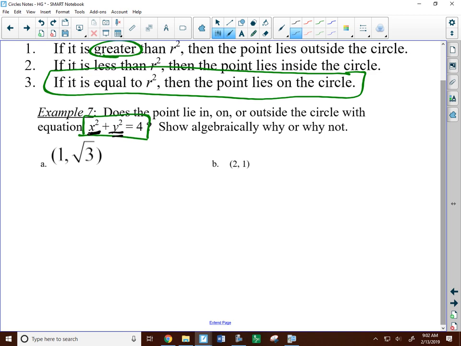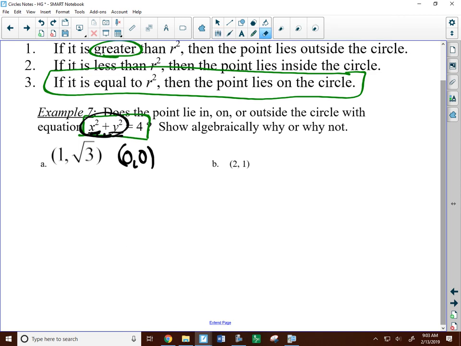What's the center of this circle? 0, 0. Because it's unwritten as a 0 there, but they simplify x minus 0 to x. It has a radius of 2, but note that if it's just x squared, not x minus or plus something squared, that's a 0 for that coordinate.